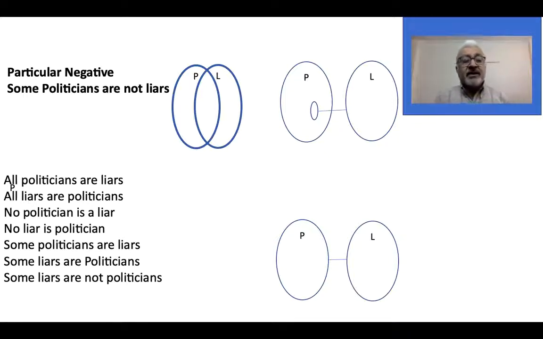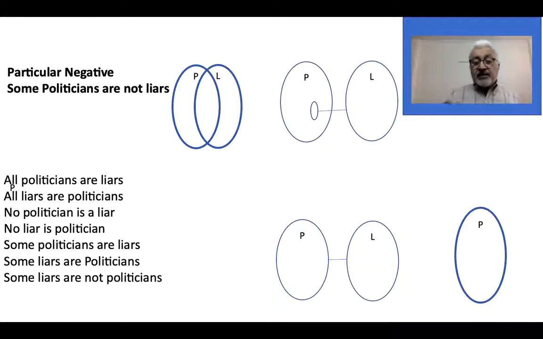All right, so moving ahead, it says all politicians are liars. When some politicians are not liars, can we say all politicians are liars? It will be wrong to say that all politicians are liars because some politicians are not liars. Now, before we get into that, we will try to figure another kind of diagram which shows some politicians are not liars.